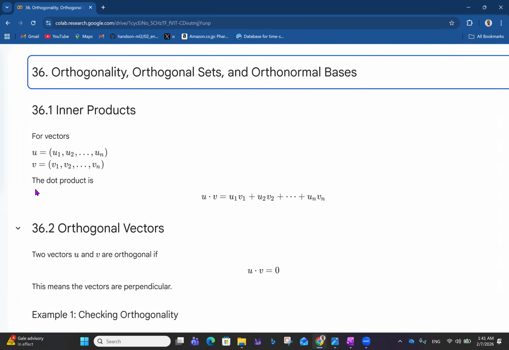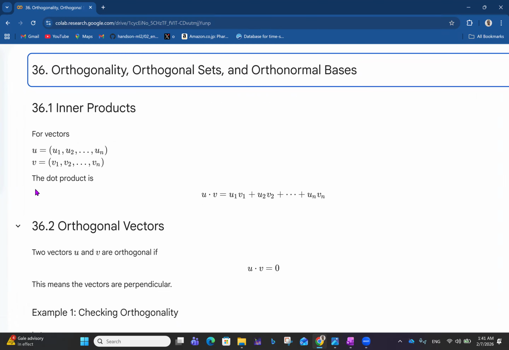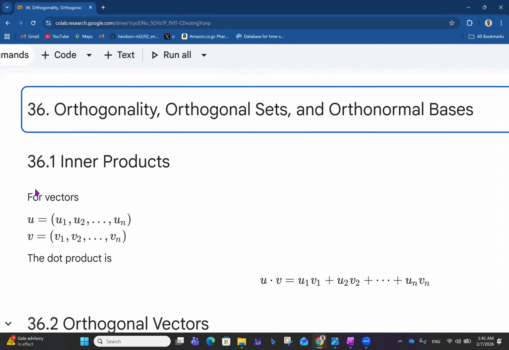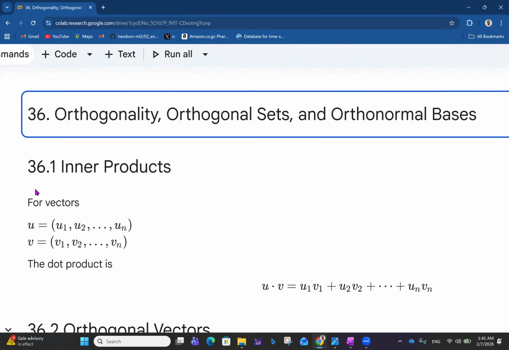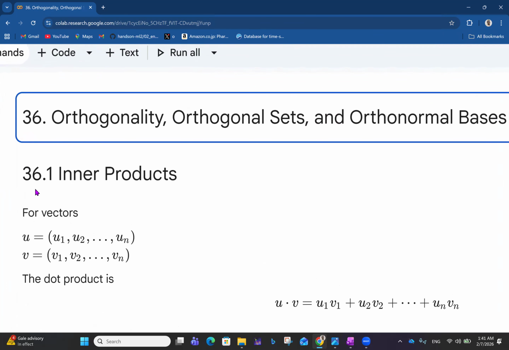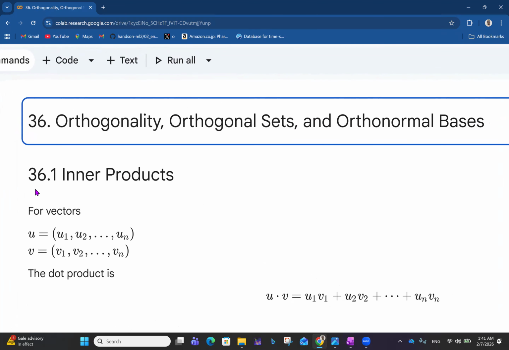Talking about orthogonality, orthogonal sets, and orthonormal basis, we try to refresh our minds on the idea of inner products, which is also the dot product, by the way. We saw that in one of the opening videos on this playlist about linear algebra.